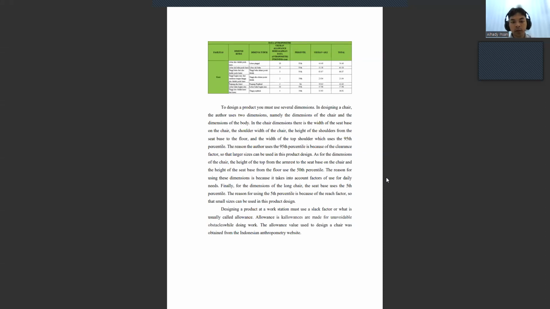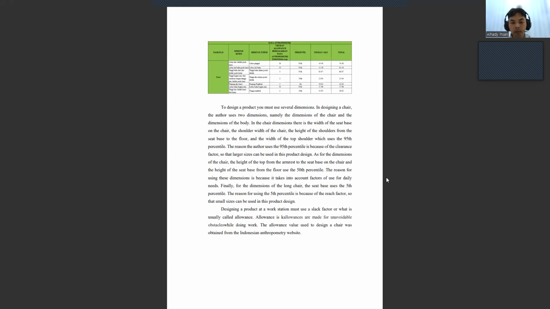The reason for using this dimension is because it takes into account factors used for daily needs. Finally, for the dimension of the length of the chair, the seat base uses the fifth percentile. The reason for using the fifth percentile is because of the reach factor, so that small sizes can be used in this product design.